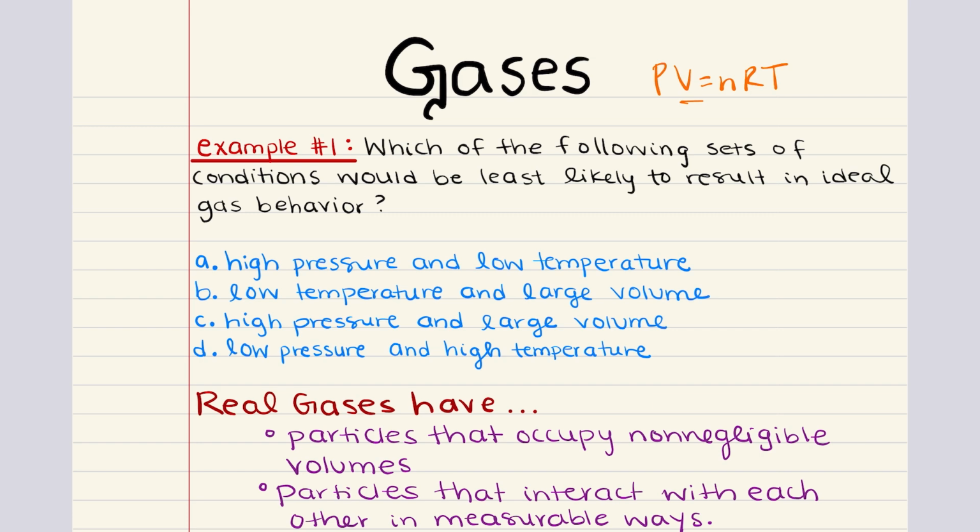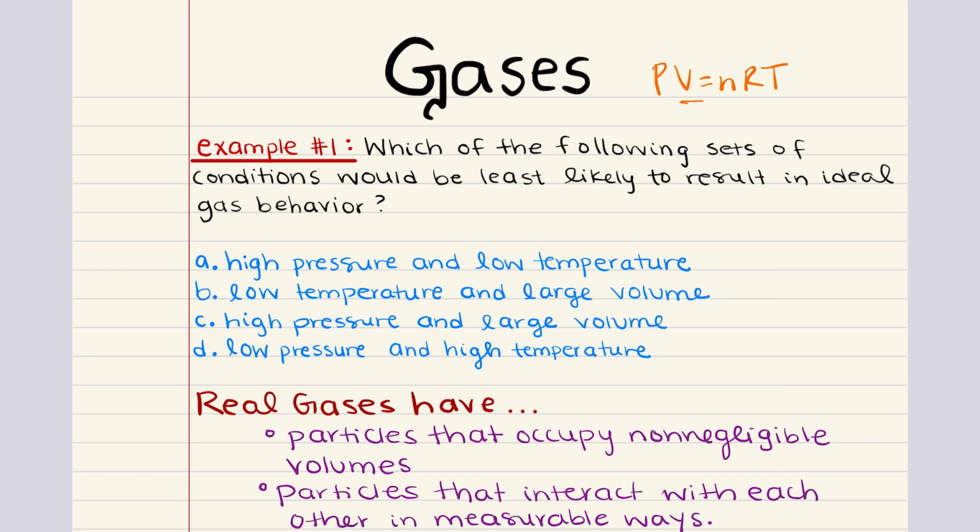The second point we made was that real gases deviate from ideal gas behavior at low temperature. Why is this true? Well, at lower temperatures, gas particles move slower since they have less kinetic energy. This slower movement allows the attractive forces between molecules to have a more pronounced effect.